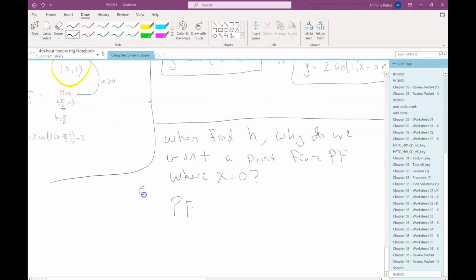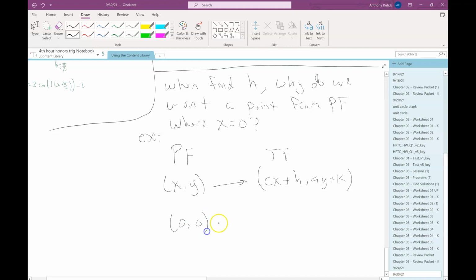Let's just do an example. I just told you that the x-coordinate was going to give you the h. Let's write it this way. So we know this is true, right?